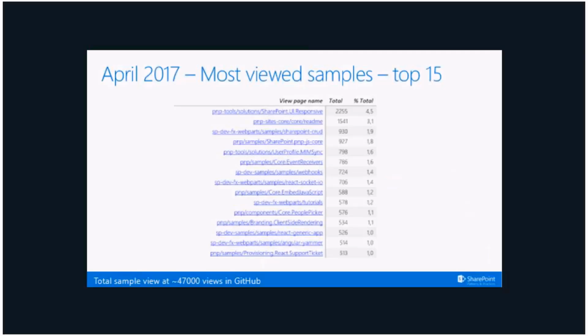What has happened within the last month, within April, and this is our top 15 samples within the April timeframe. The SharePoint UI responsive package is still number 1. It is the package which shows how to make native SharePoint with the seattle.master pretty well responsive. It's not a 100% match, and there's always typically some things to adjust or manipulate.